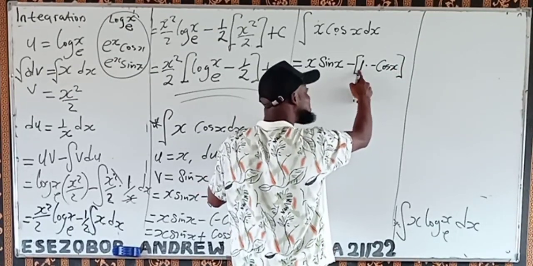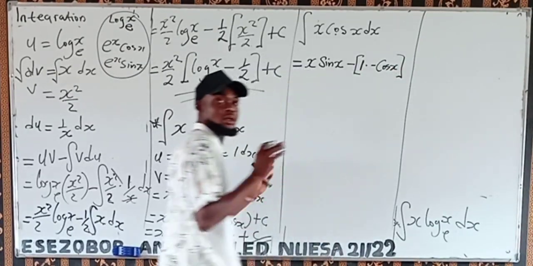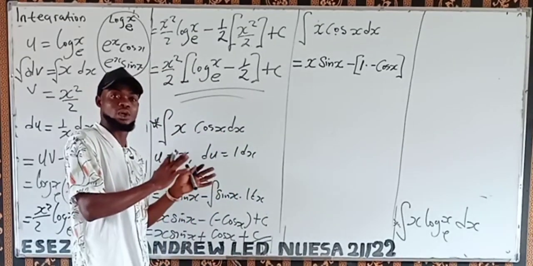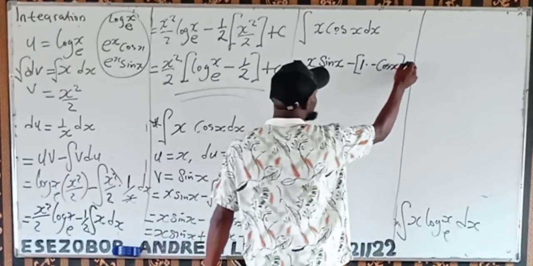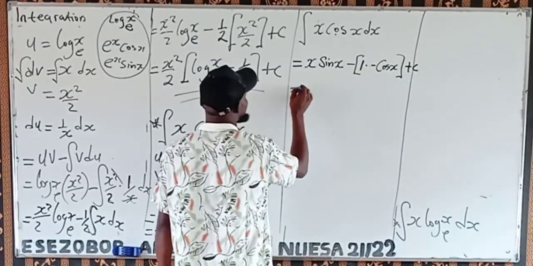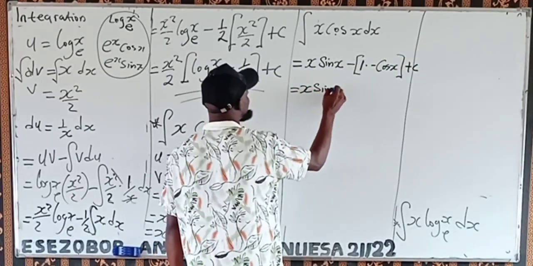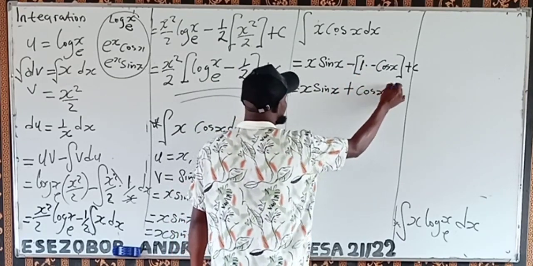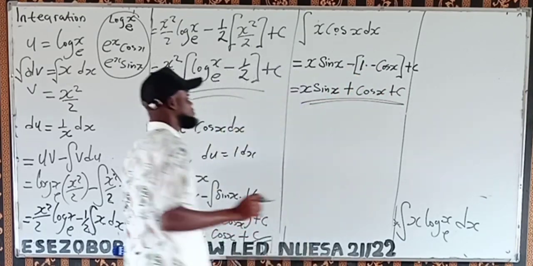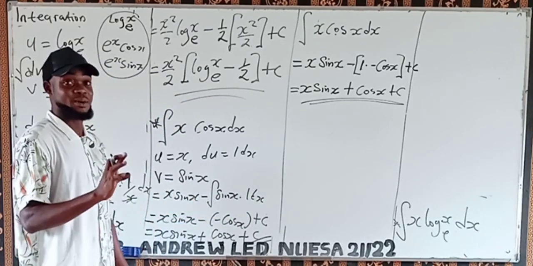If you differentiate the u, it will be 0, then you stop. Now that your u has been reduced to a constant, it becomes 0 when differentiated, so you stop. Then plus c. Automatically, the answer will be x sin x minus times minus, plus 1 times cos x plus c. Answer. It's as simple as that.